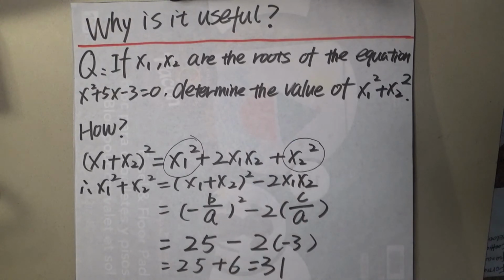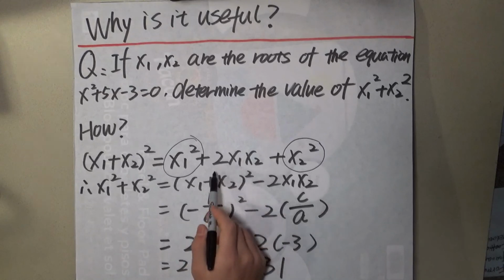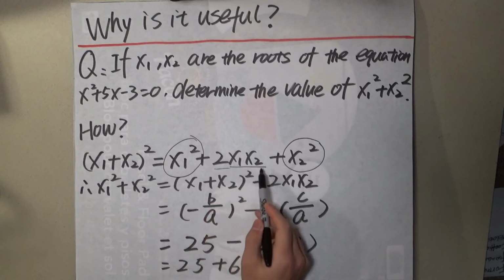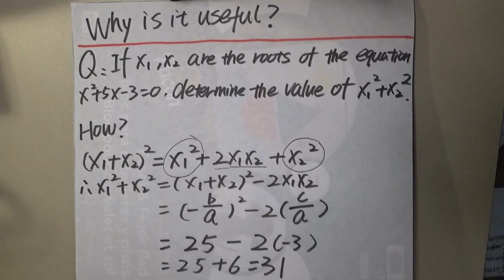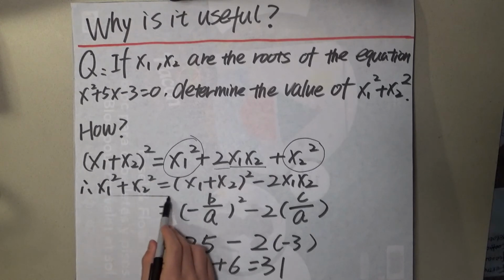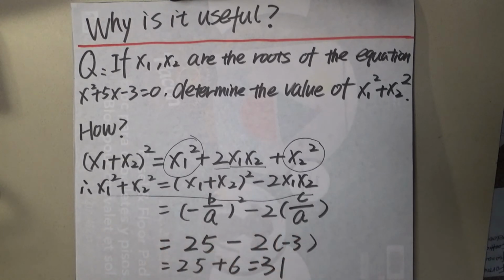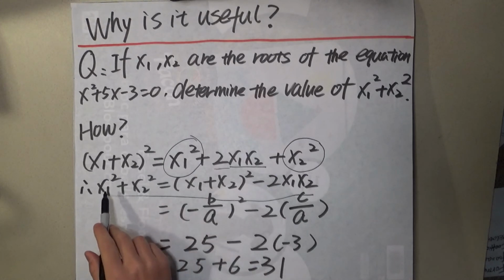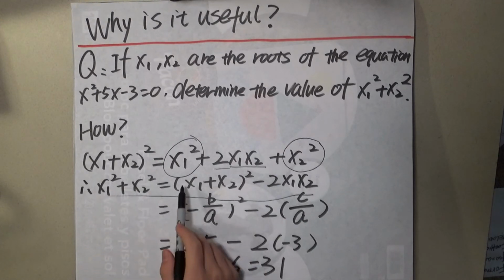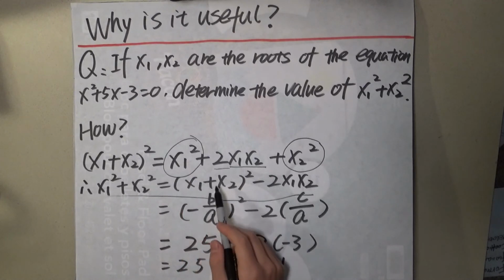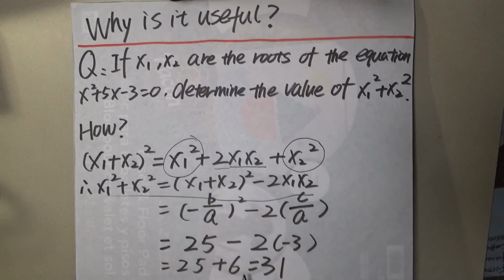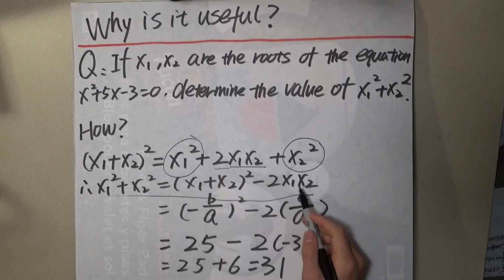So what we do is move the 2 x1 x2 to the left side. Here's the equation. We find x1 squared plus x2 squared is equal to the square of the sum of x1 and x2, minus 2 x1 x2.